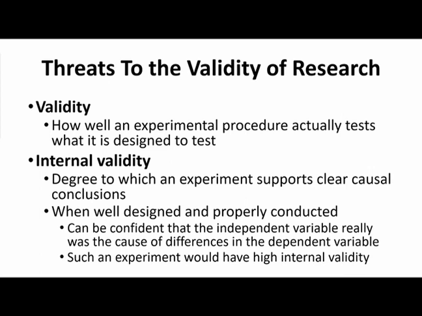So when you have a well-designed and properly conducted experiment, you should have internal validity. And if you have internal validity, you can be confident that your independent variable is actually what was causing the differences that you observed in your dependent variable. If you have internal validity, you are fairly certain that you found your causality, the thing we've been looking for all this time. So that is what we're looking for with internal validity.